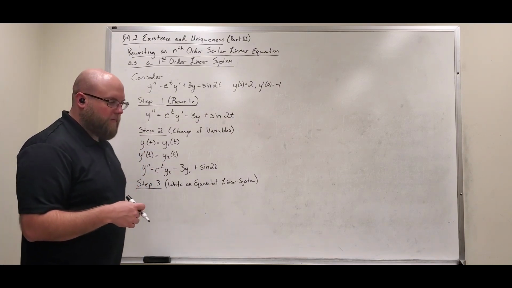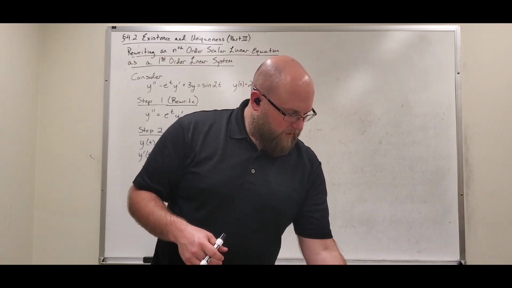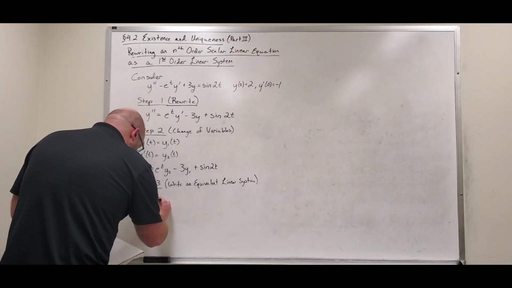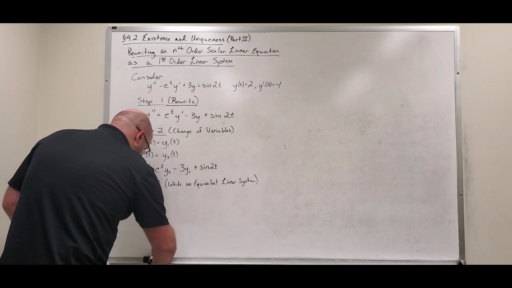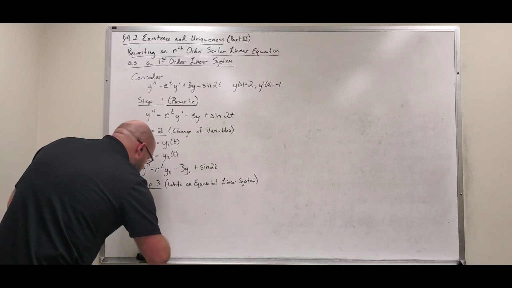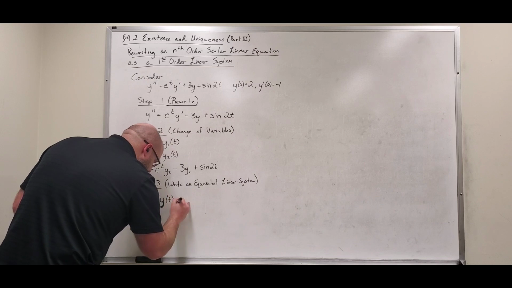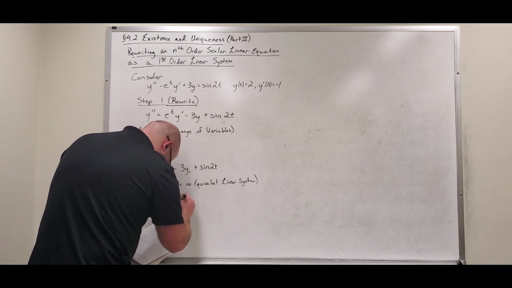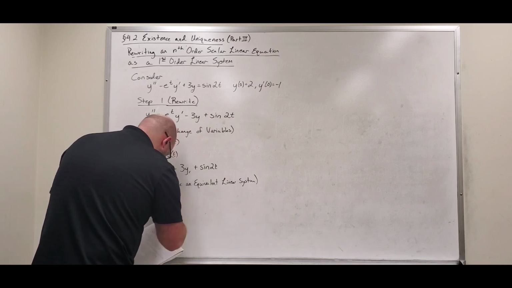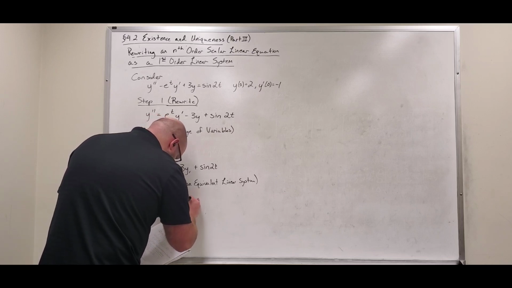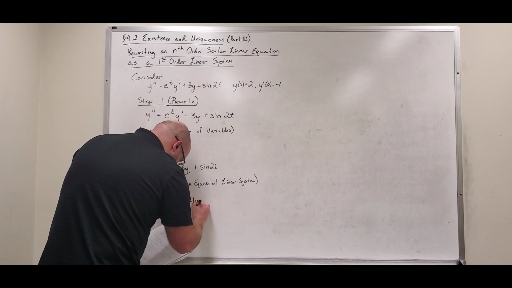So the first thing that we're going to do is, again, the system that we're going to be looking at. I'm going to try to bold this because we're now writing this representing a matrix. Y prime of t is equal to P of t y plus g of t.